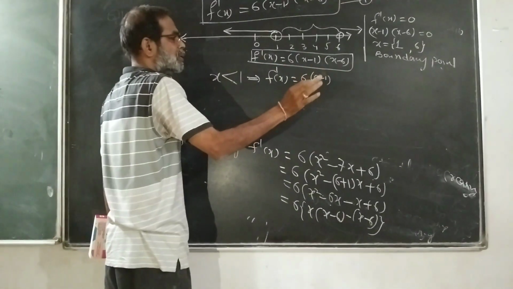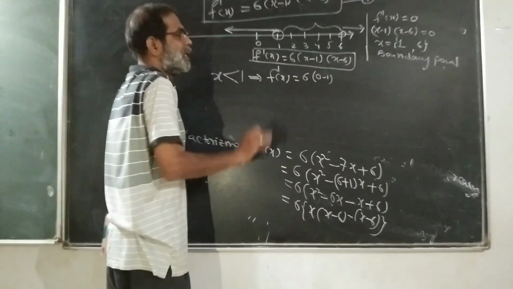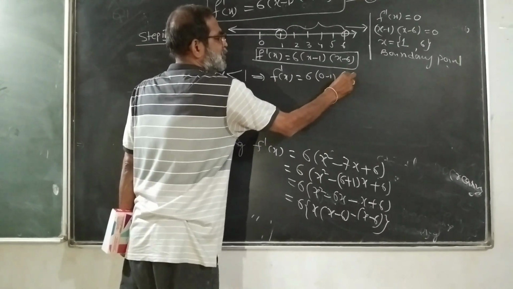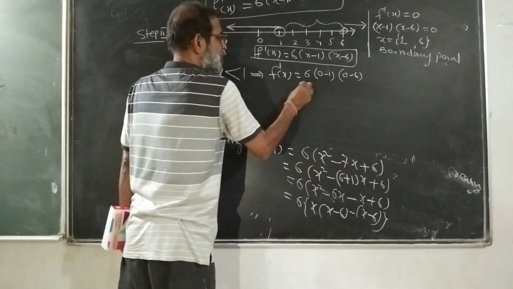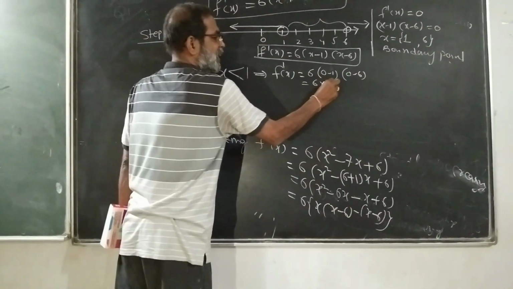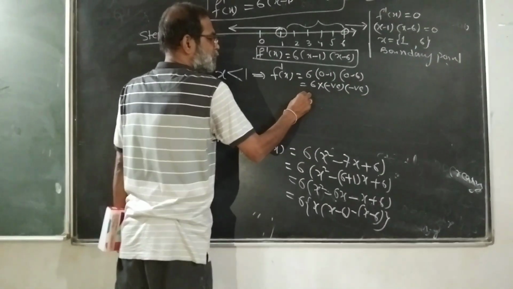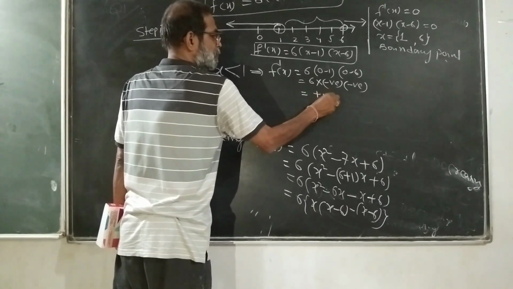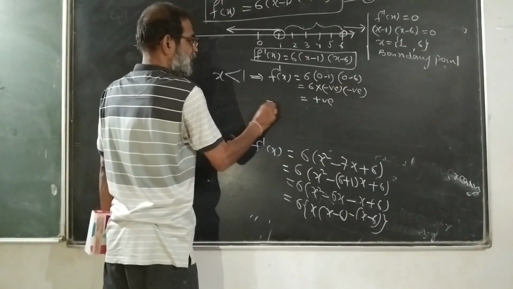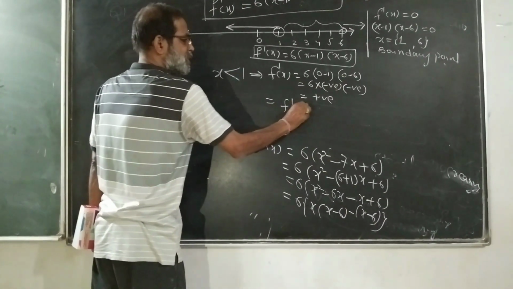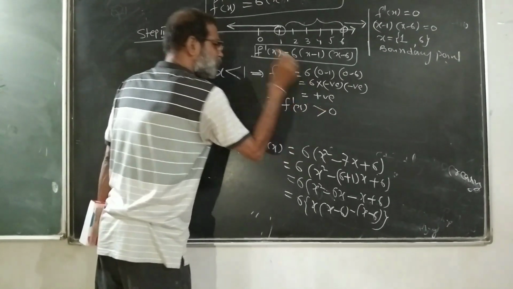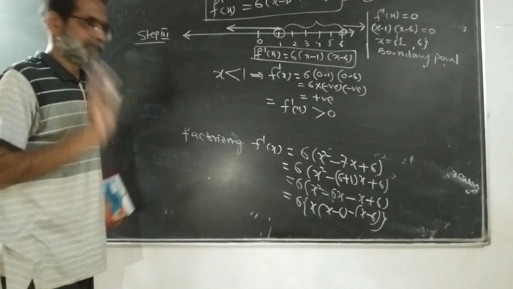You just don't subtract it. Negative or positive you check. 0 minus 1, 6. So 6 into negative into negative. Negative, negative, positive. So total is positive. Therefore f dash x is positive, meaning greater than 0. You keep it like this.